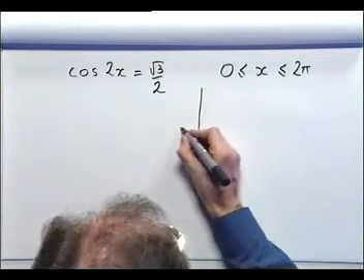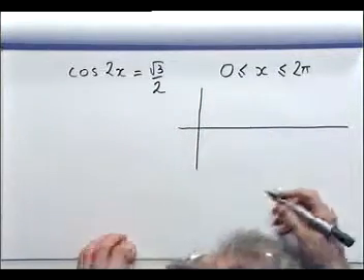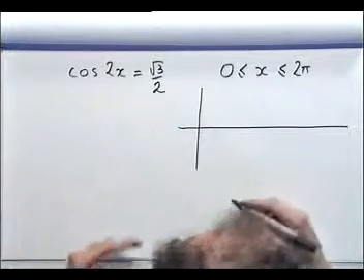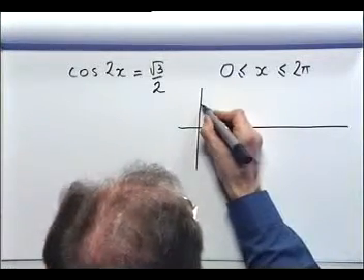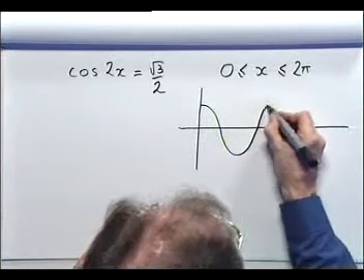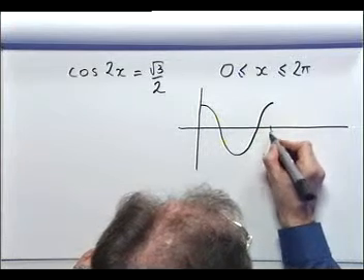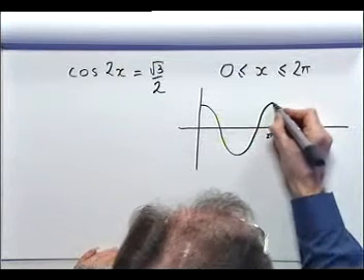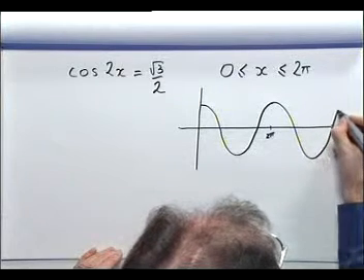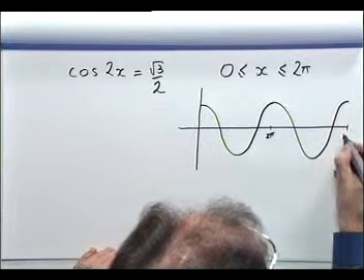So again, we've got to make use of the periodicity of the graph of cosine to get a second copy of it. So there's the first copy between 0 and 2 pi, and now we want a second copy that goes from 2 pi up to 4 pi.